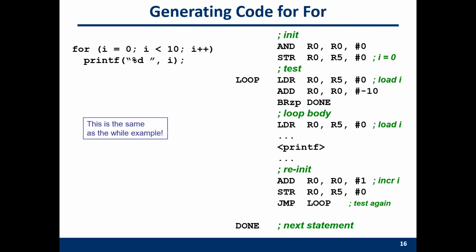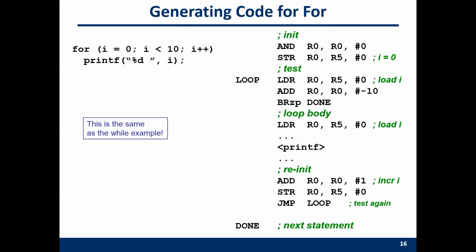And this is a for loop example. You can see that in the for statement, we initialize the i to 0. The test condition is whether i is smaller than 10. The reinitialization is i plus plus.